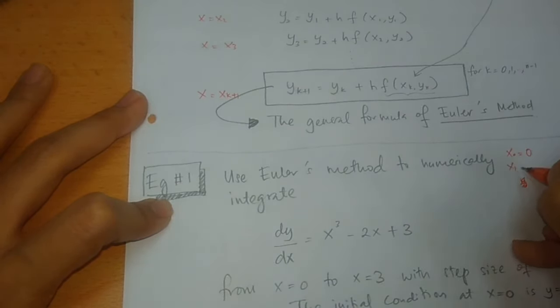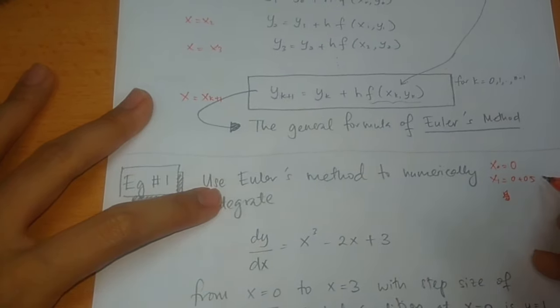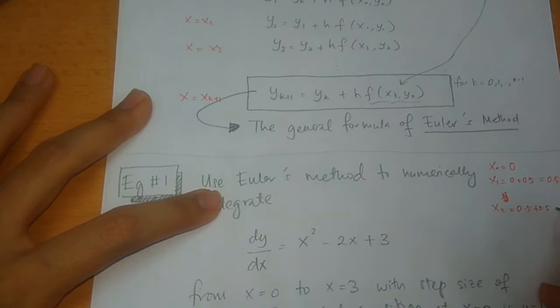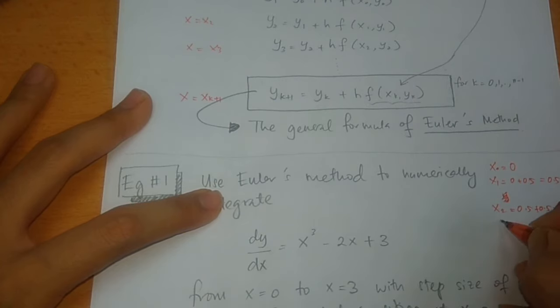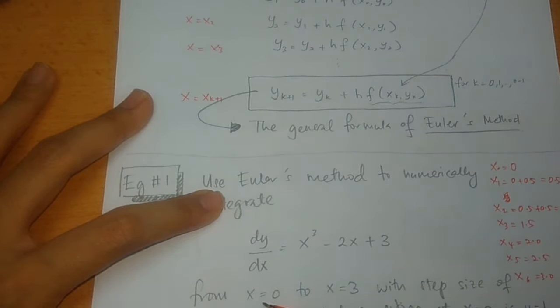So the next one is 0 plus 0.5, which is 0.5 here. x2 is 0.5 plus 0.5, the step size, so this is 1.0. x3 is 1.5, x4 is 2.0, x5 is 2.5, and until x6 equal to 3.0, because it is from x equal to 0 to x equal to 3.